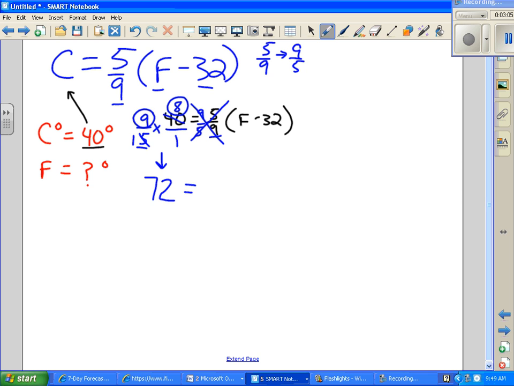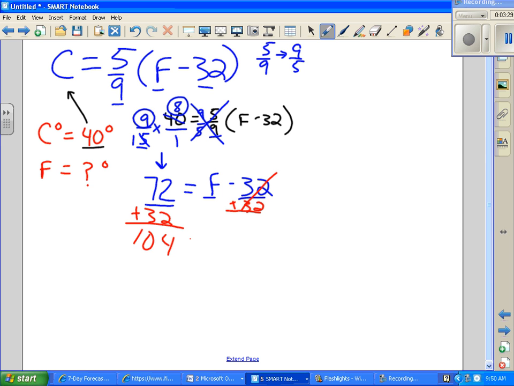Rewriting the rest of what's left in our algebra problem, we now have 72 equals F minus 32. It gets a little easier from here, algebraically now, to get rid of, or to isolate that F, we would add 32 to both sides, washing that out. And here, even Mr. Dairyman can do that math. I think that's a 4.